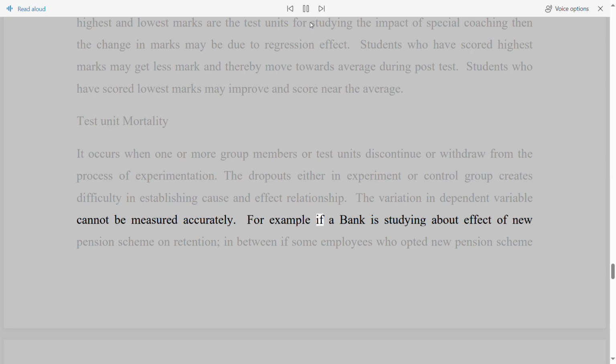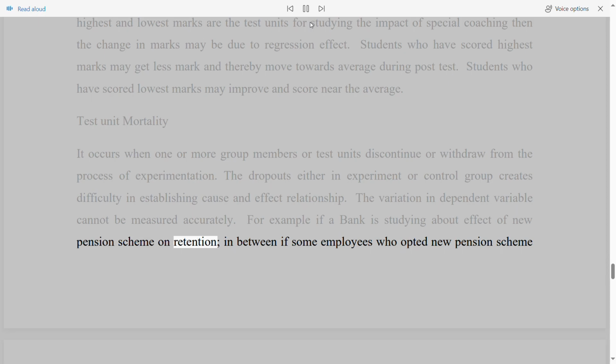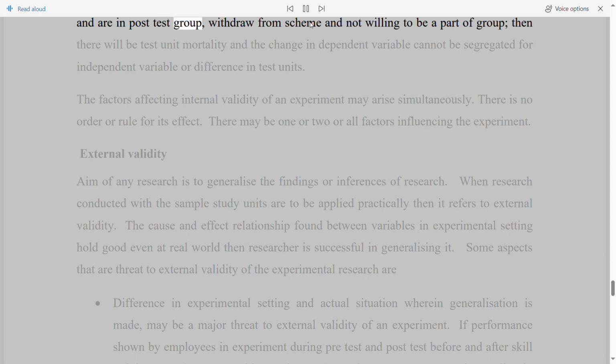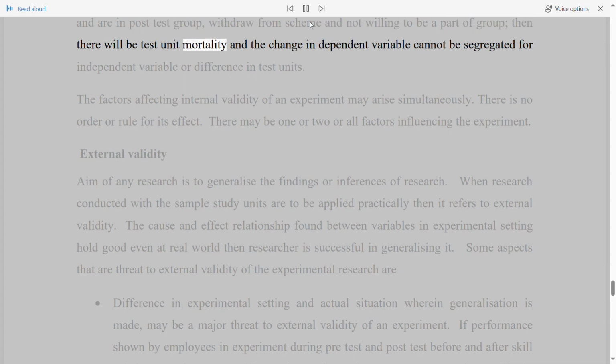For example, if a bank is studying the effect of a new pension scheme on retention, and in between some employees who opted for the new pension scheme and are in the post-test group withdraw from the scheme and are not willing to be a part of the group, then there will be test unit mortality and the change in dependent variable cannot be segregated for independent variable or difference in test units.